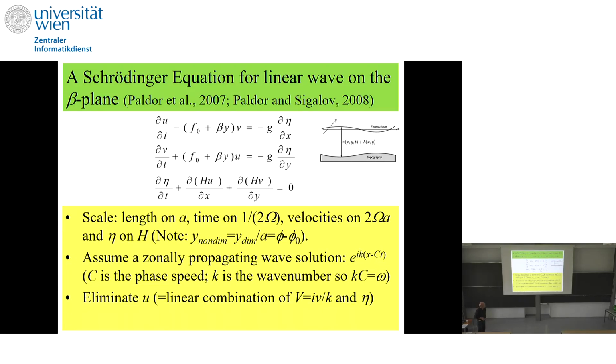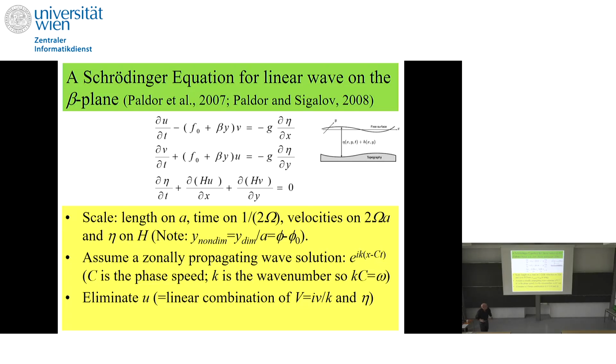And then once you do that, remember this equation, the top one, does not have a y derivative in it. It only has x and t derivatives, but x and t derivatives are replaced by multiplication by ik and minus ikc.